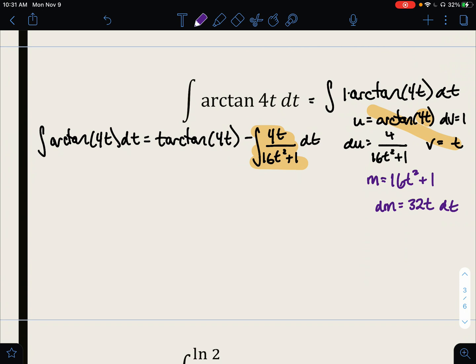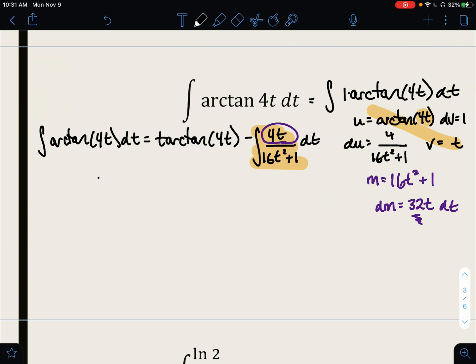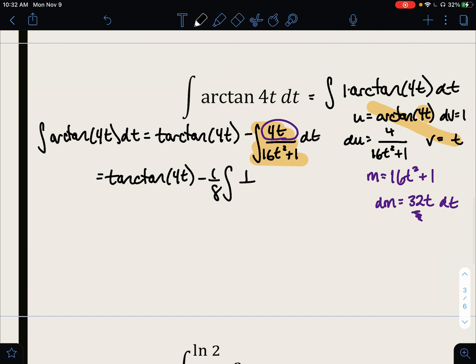And I already have this 4t here, so I have something that looks like this 32t, but I'm off by a factor of 8. And so that's easy to compensate for. I can just rewrite t arctan of 4t minus, I'm going to multiply this whole thing by 1 over 8, and it becomes the integral of 1 over m dm.